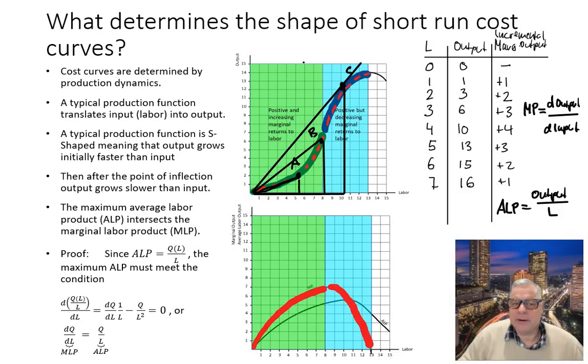At this point, the slope intersects with the marginal. It's the same slope in that point. So in other words, whenever the marginal output is at its maximum, roughly here, so here is the maximum of the average labor product, it must be equal to the marginal product.